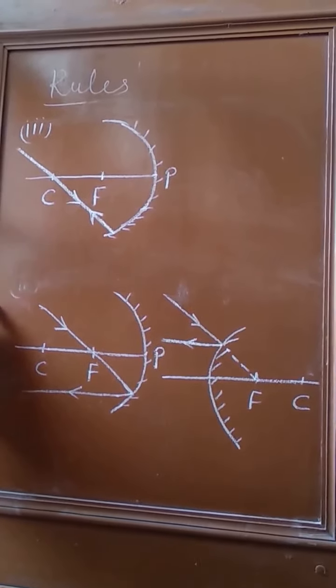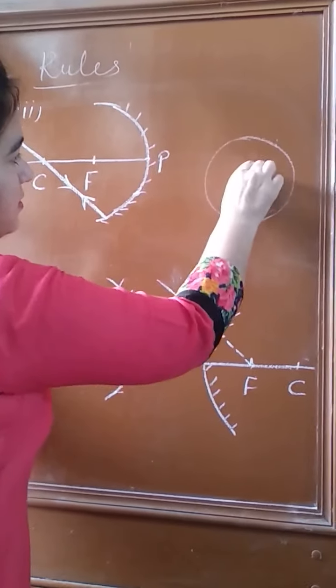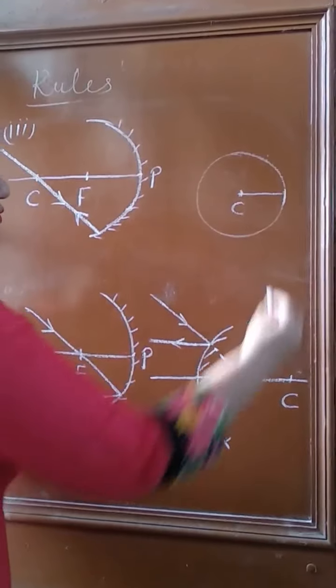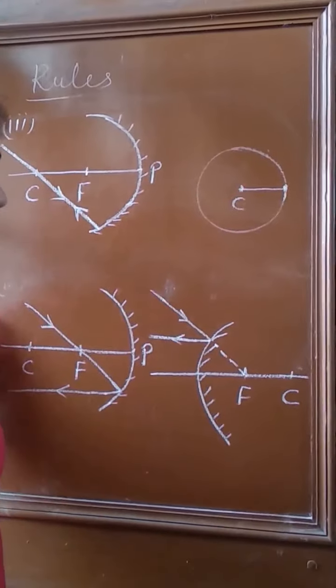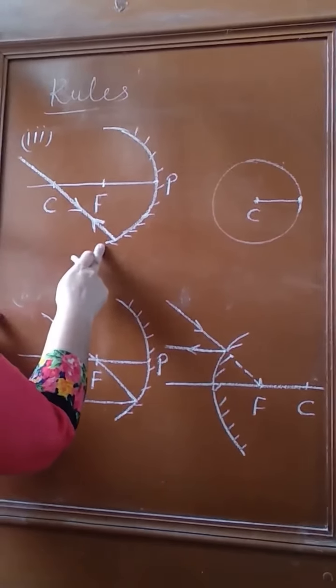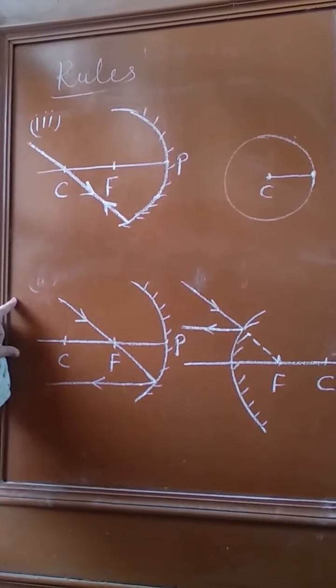It retraces its path because a line drawn from the center of curvature on this sphere is always perpendicular. When the ray is incident normally on the mirror, it retraces its path. It goes in the same path.